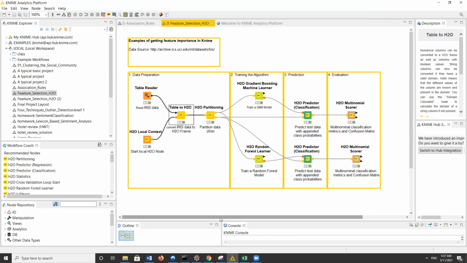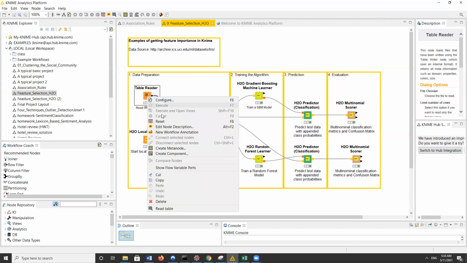This is the goal. So we want to have a very easy workflow that helps us understand the importance of variables. For today's practice, I picked a very small and conventional data set, the IRIS data set, which is, let me just open it for you.